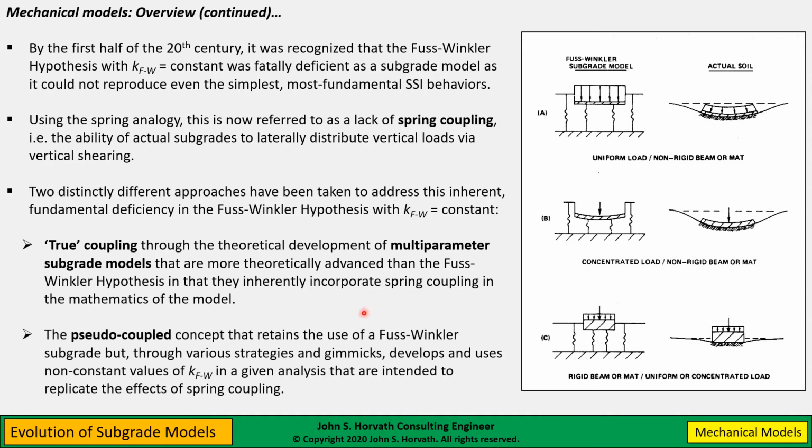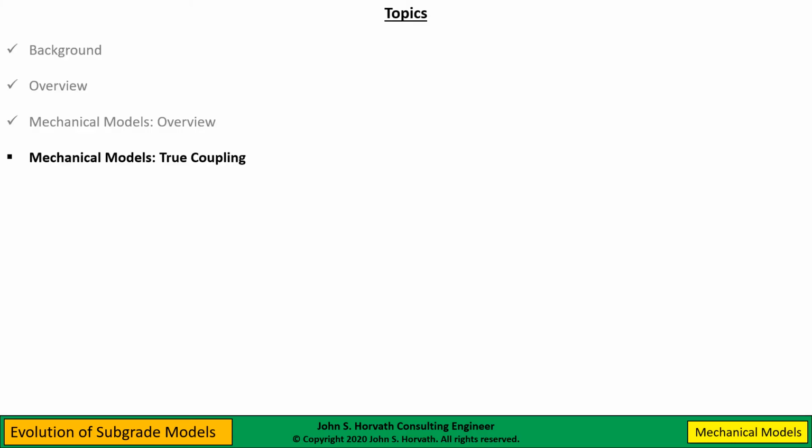And then there's what I call the pseudo-coupled concept, where people stick with the uncoupled springs of the Fuss-Winkler subgrade, but then come up with all sorts of strategies and gimmicks and guesses to try to guess how these springs vary. And we'll talk about both of these in separate sections of this segment. Well, let's start off with true coupling. I mean, this is really the better way to go about it.